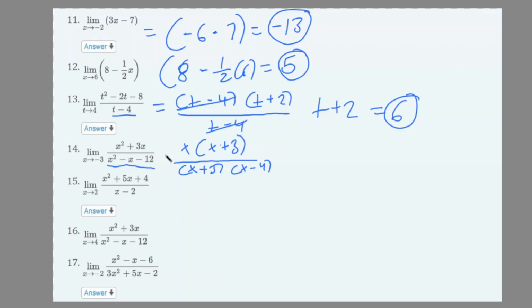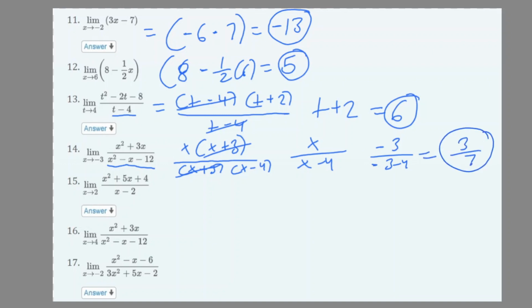There's x plus 3 in the top and the bottom, so we just cross that out. We get x over x minus 4. If we plug in -3, that gives us -3 over -3 minus 4, which is 3 over 7. That's your final answer.